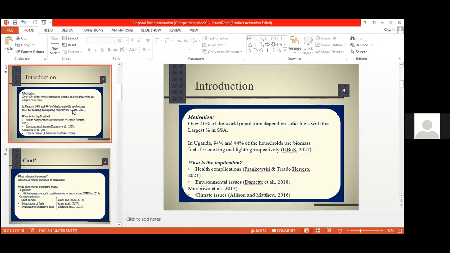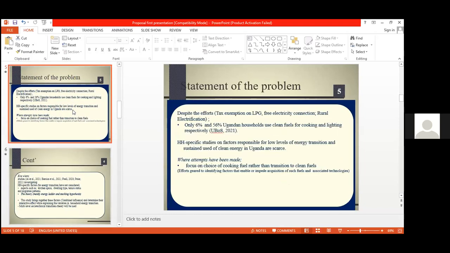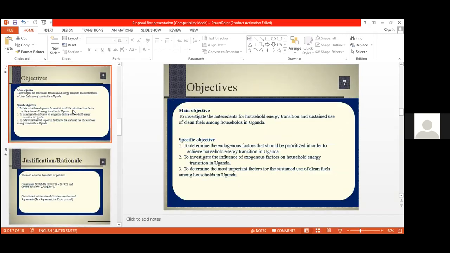The first specific objective says to determine endogenous factors that should be prioritized in order to achieve household transition to cleaner fuel. Yet in his methodology, he proposes to strictly use a quantitative approach.